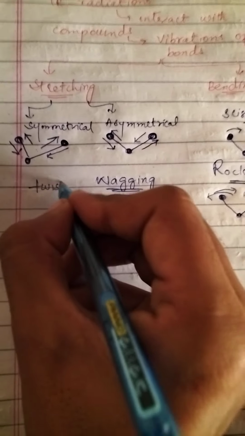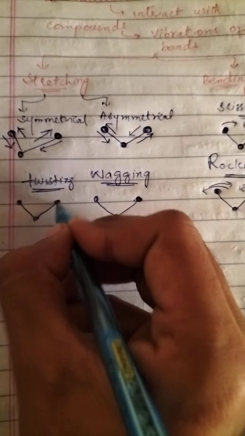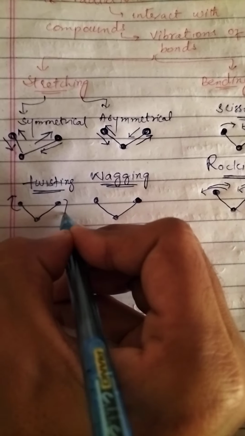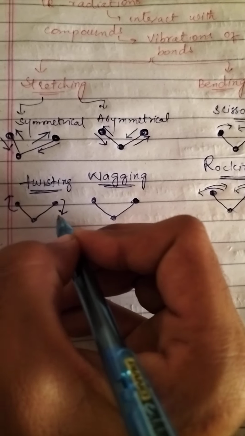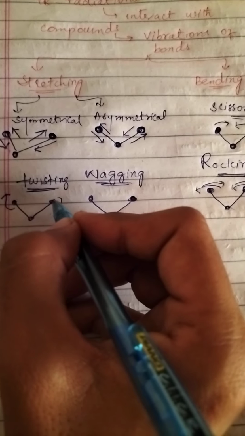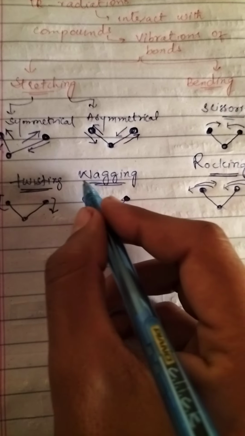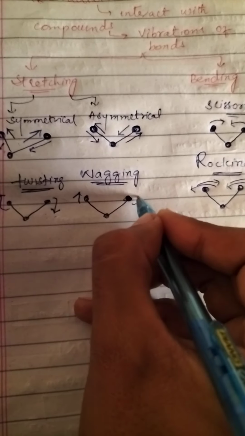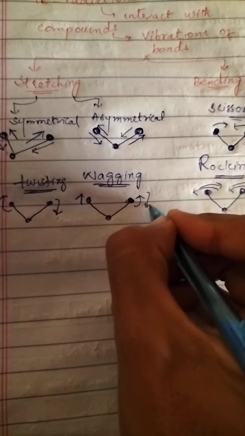In this mode, one atom moves downward the plane and the other gives the bending out of the plane, front of the plane. One moves upward, the other moves downward. If we see in the wagging, both are moved downward the plane, or both are moved upward the plane.